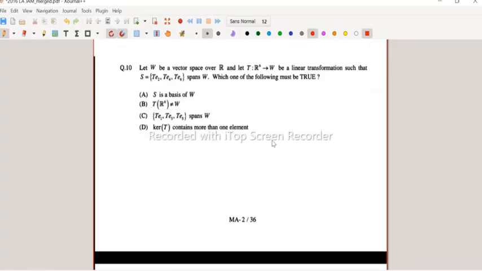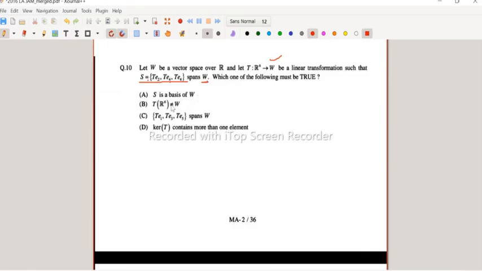What the problem says: suppose T is a function from R6 to W, a linear transformation, such that S equals T of E2, T of E4, T of E3 spans the space W. Which of the following must be true?